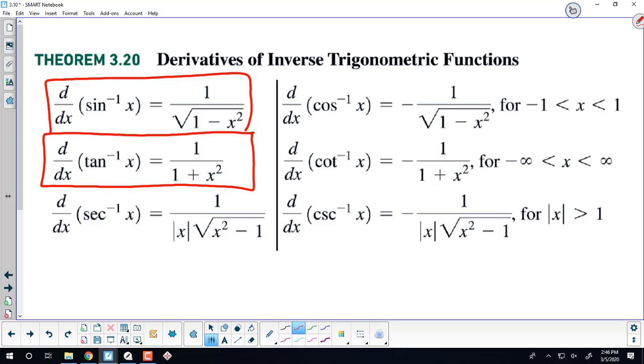Those are really common when we start looking at antiderivatives, which continues through Calc 2 and Calc 3. But as far as the material, I'm not going to actually have you compute derivatives of inverse trig functions on the exam. You just need to be able to match the inverse trig function with its derivative.